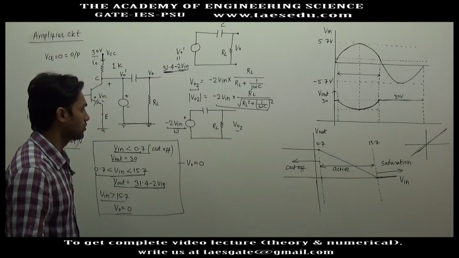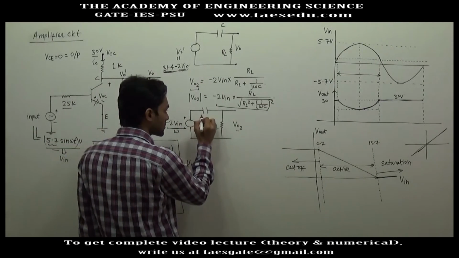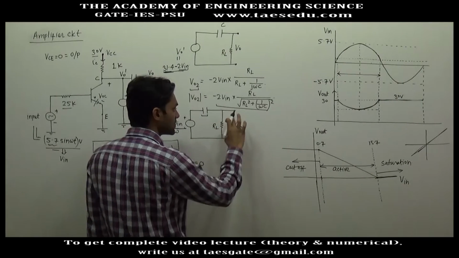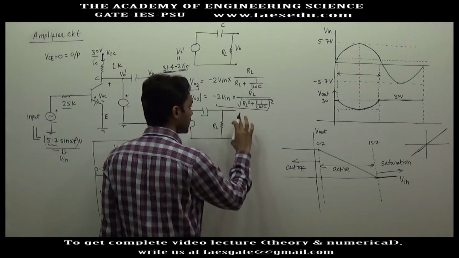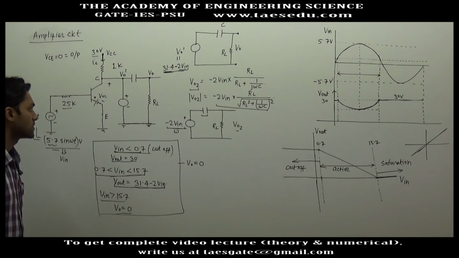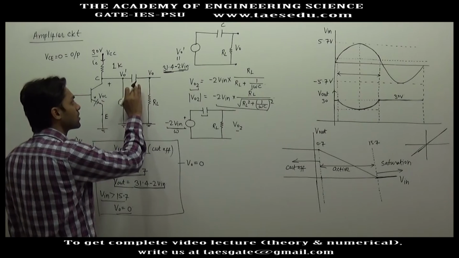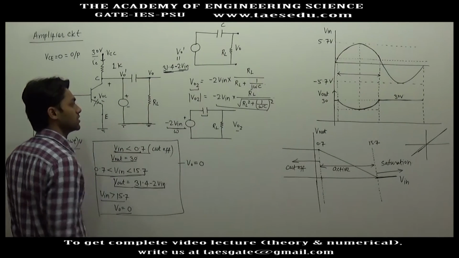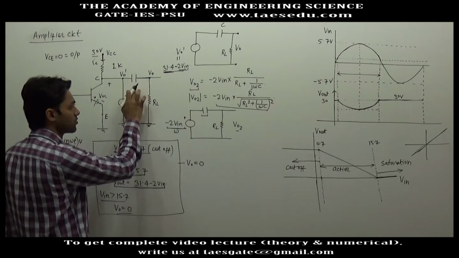Although there will be some drop across the capacitor also, still you will get some AC voltage in the output. So we can say that the capacitor will block DC and it will pass AC voltage after having some drop.